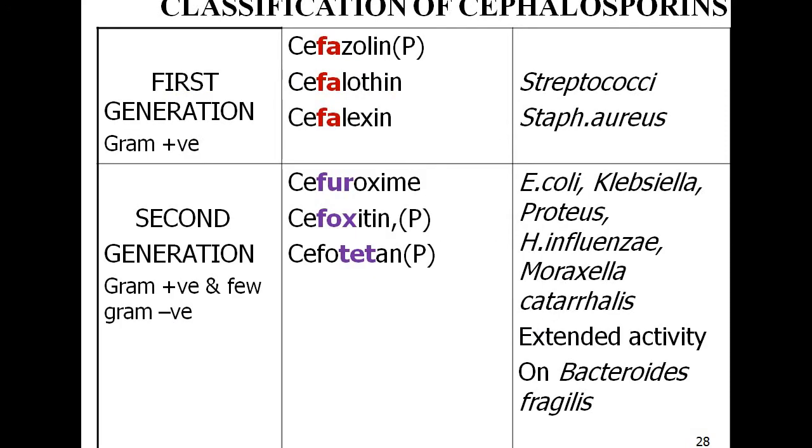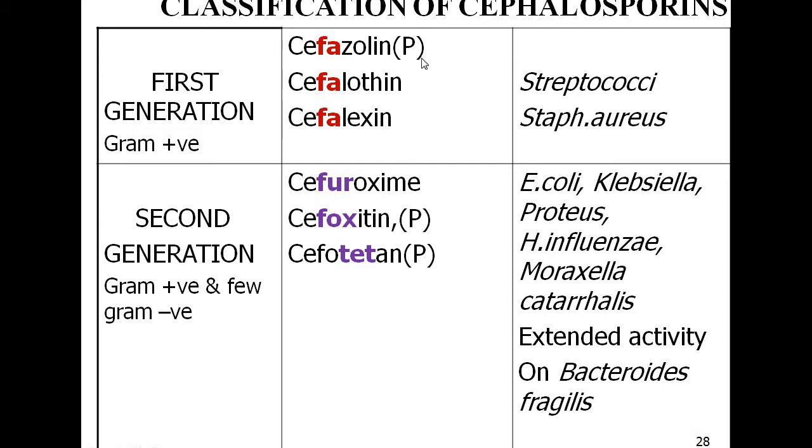The classification of cephalosporins is based on the spectrum of activity, and they are divided into 5 generations. The first generation cephalosporins are mostly effective against gram-positive organisms like Streptococci and Staphylococcus aureus.